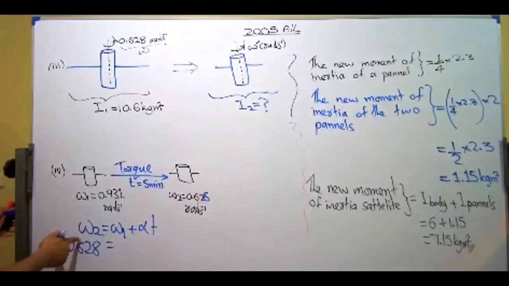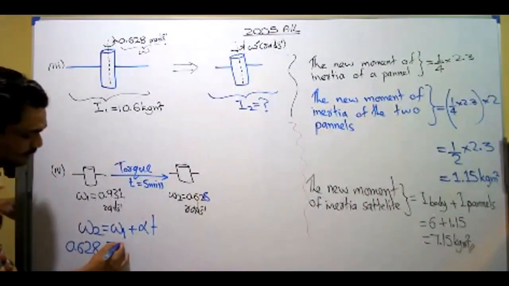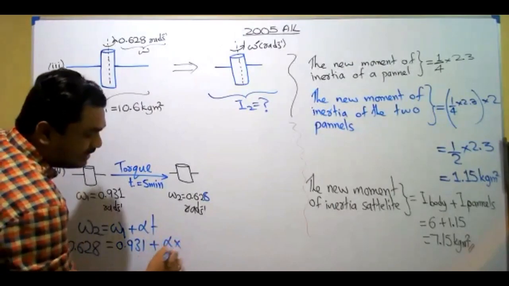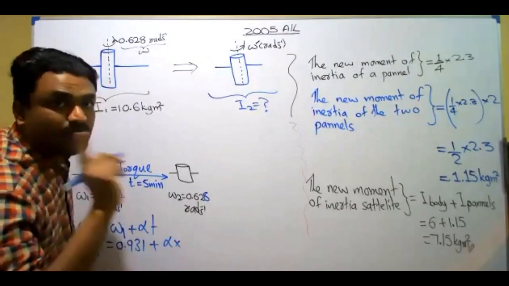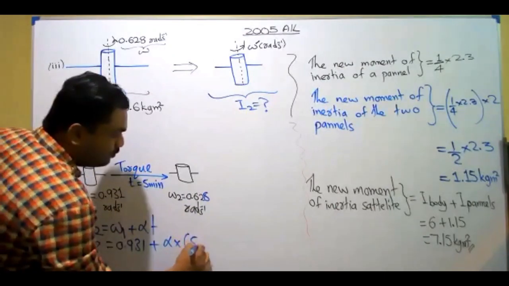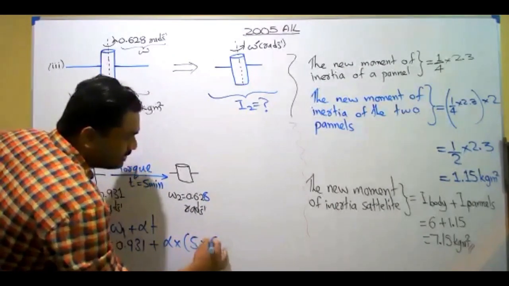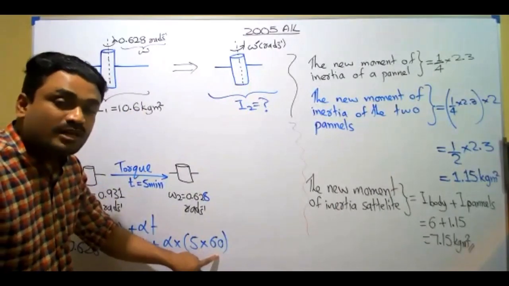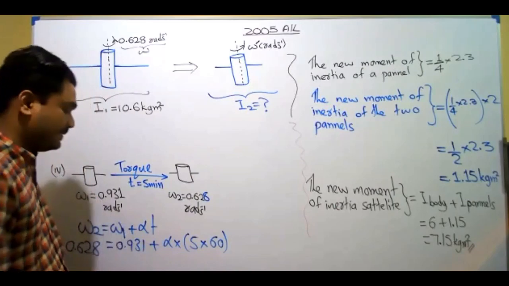So final velocity is 0.628, initial velocity is 0.931. We don't know what the alpha is. But when you apply time, you should be very careful. 5 minutes should be converted into seconds. Therefore, 5 minutes should be multiplied by 60 to convert minutes into seconds.